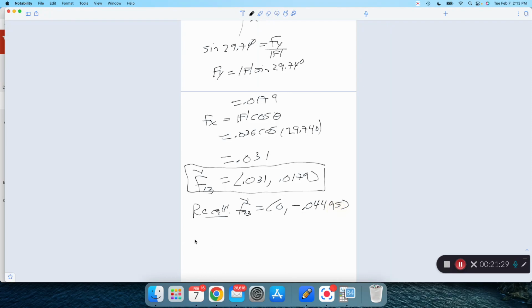Now I just add the x's, and I'm going to write it out. 0.031 plus 0, comma, 0.0179 minus 0.04495.